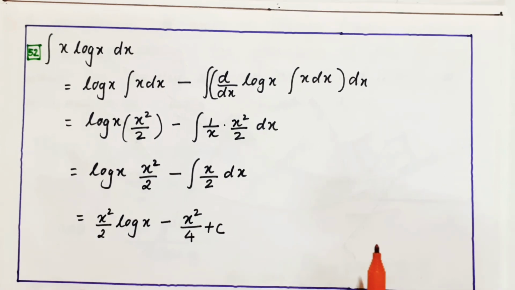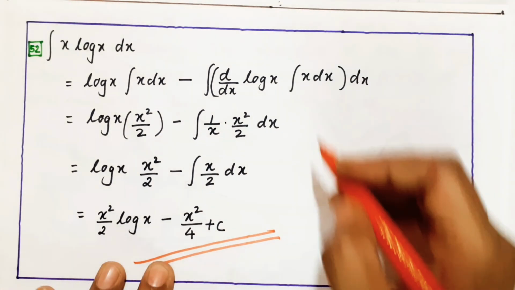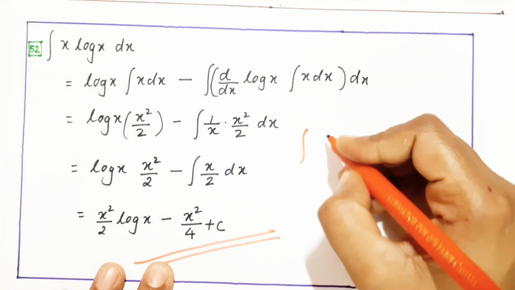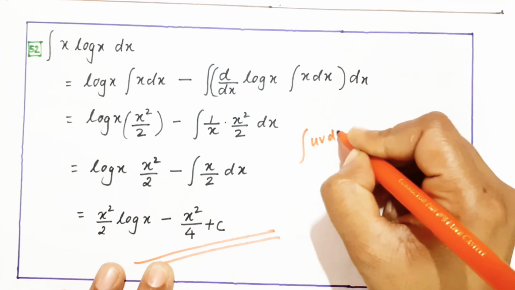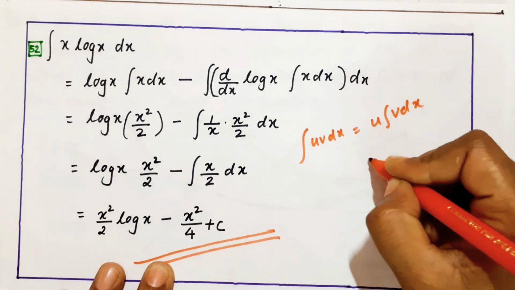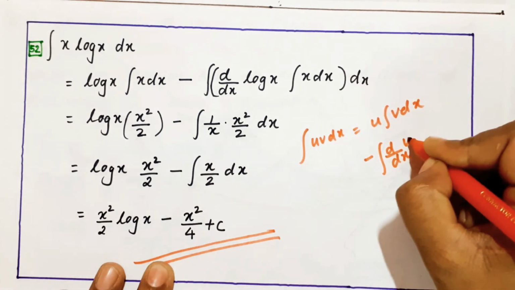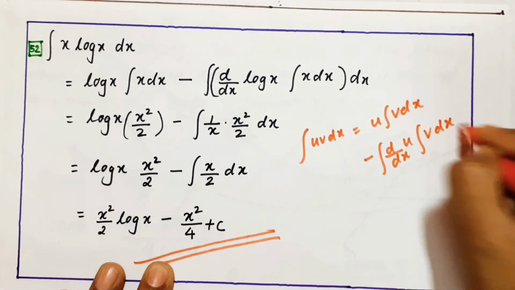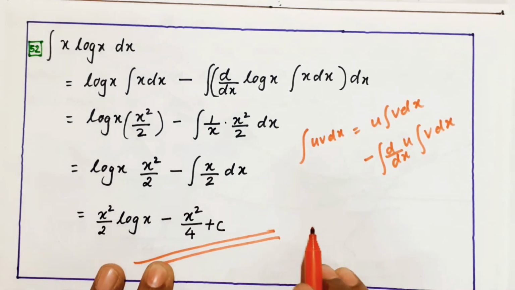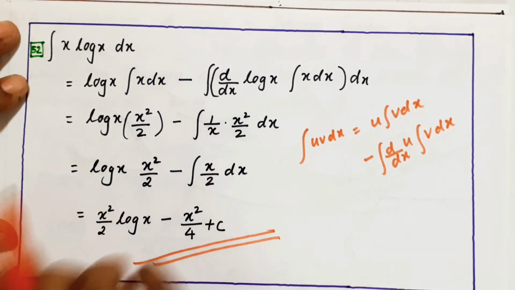x log x dx. I did the same question in the previous video also, but now we are using the formula. Which formula? I'll tell it again. Integral of uv dx, that is u into integral of v dx minus integral of d by dx of u into integral of v dx. Check it here. So the first term u, v. So first term here you remember x log x.